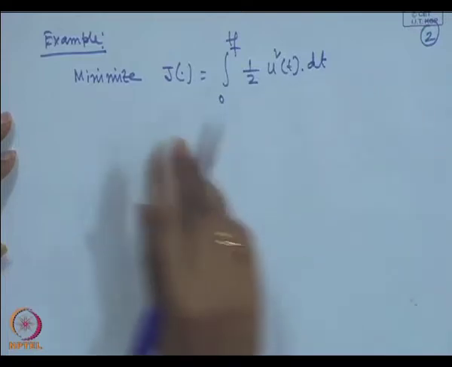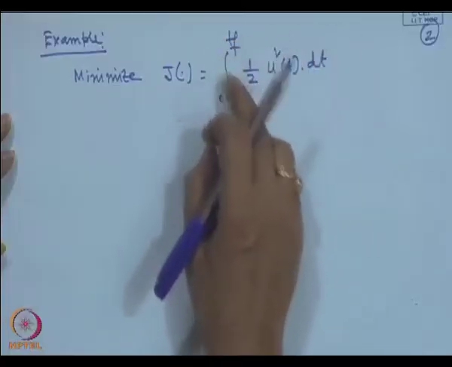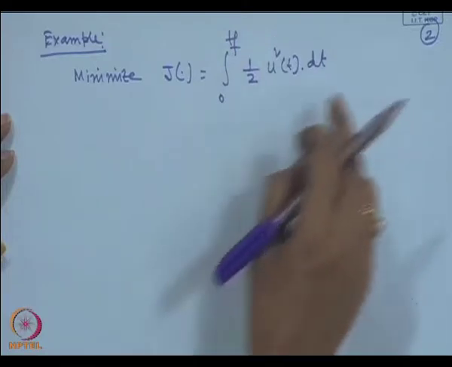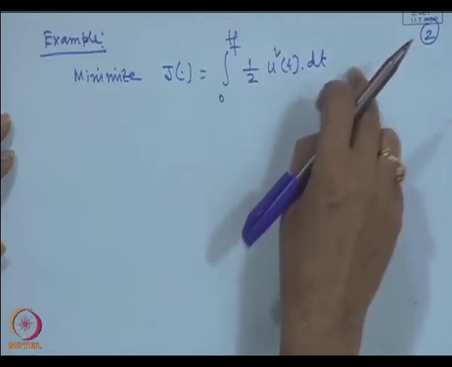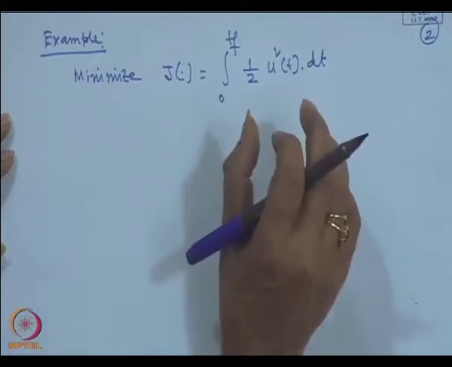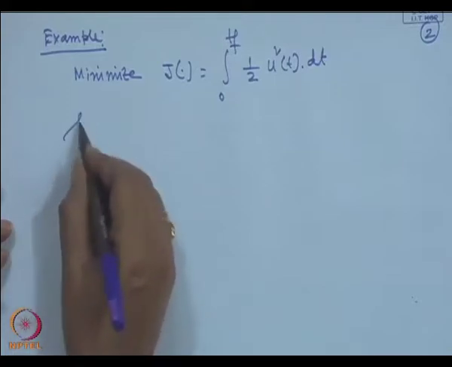Agree? So you see here clearly this is not the time optimal control. That means we do not want to drive the state from the initial state to the final state in minimum time. Our objective is to minimize the control effort u square of t, the control energy, over the interval 0 to T f, and at T f the original state will be driven to the final state at the origin. And what should be the control law for that situation?